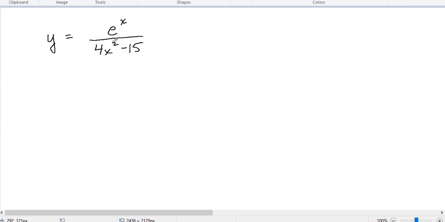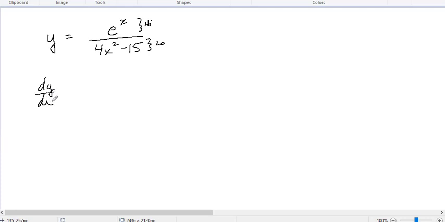Okay, for our last problem, it's a quotient rule. The high function is e to the x, and the low function is 4x squared minus 15. So notice that either one of them individually is an easy derivative. It's just when you connect them together with division that you have to use that whole quotient rule.